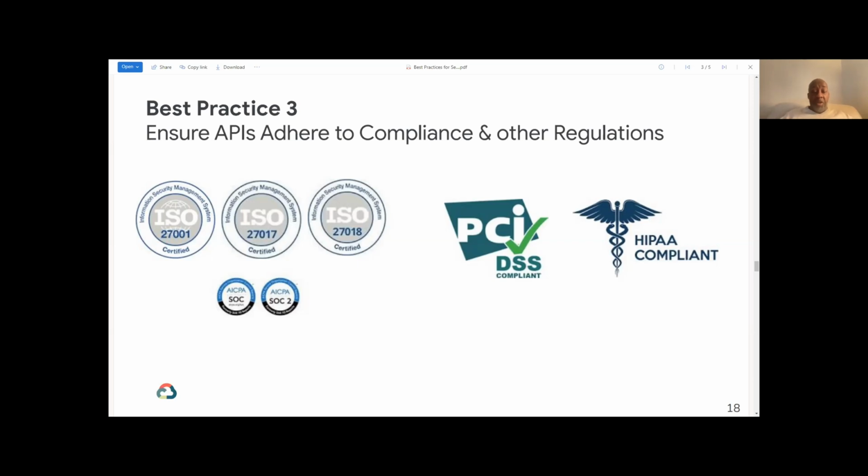But the third best practice is, depending on where you're deploying, each of these countries, and even to some extent states in the U.S., for example, California may have different compliance rules than New York or Florida, that you have to adhere to. So having a system that can be developed to support different compliance requirements in different regions is another reason why you may see benefit in using something like Apigee, an API gateway.